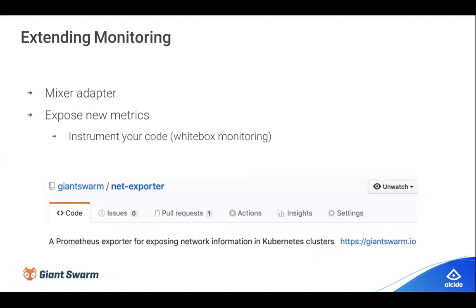But also you can create your own metrics, like the counterpart of black box monitoring, which would be white box monitoring. So these are the metrics or collectors that take information from your own application and expose it to the outside, and this can be coded in your own application. For example, in Prometheus, you can create your own exporter or your own collectors, and then let Prometheus scrape those. So you get this information in the same monitoring tool.